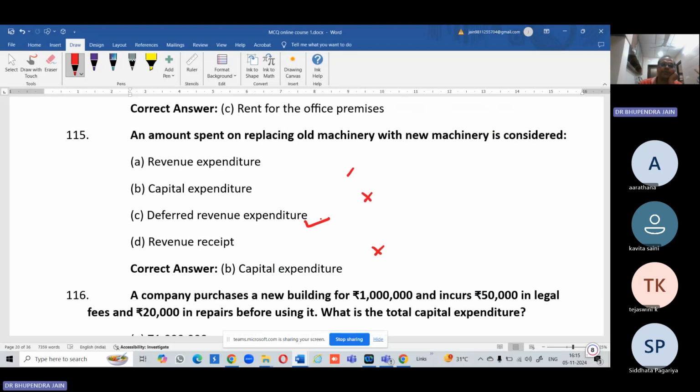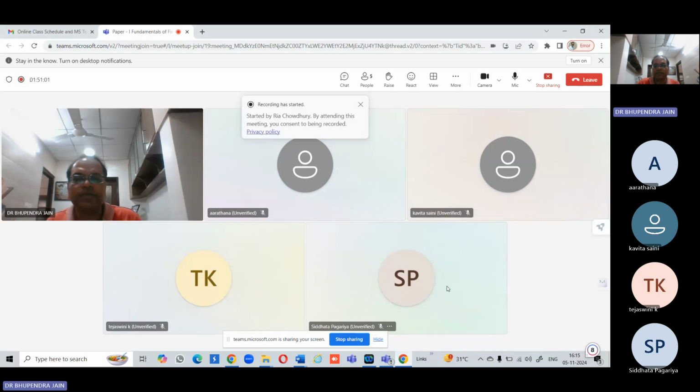Last question: an amount spent for replacing old machinery with new machinery is considered capital expenditure. If you're replacing old machinery with new, so capital. Okay? That's enough for today. We will discuss the remaining questions as well as the next chapter in the next class.